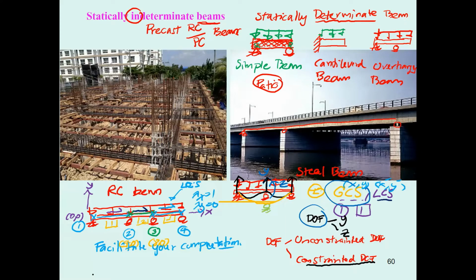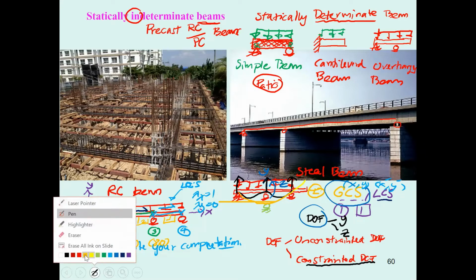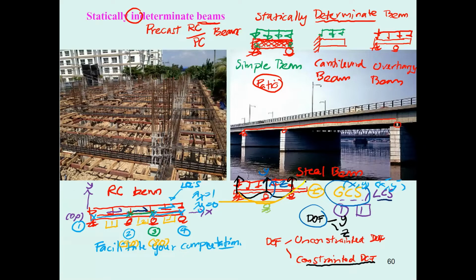If I make a little modification to this problem and provide a hinge section, then under the applied load this portion of the beam will also have deflection. So in this way, the y degree of freedom for this one is going to be an unconstrained degree of freedom, or in short, you may call it a free degree of freedom.